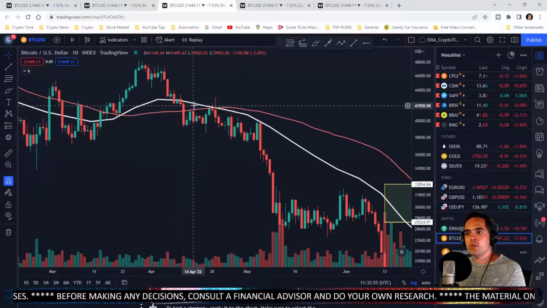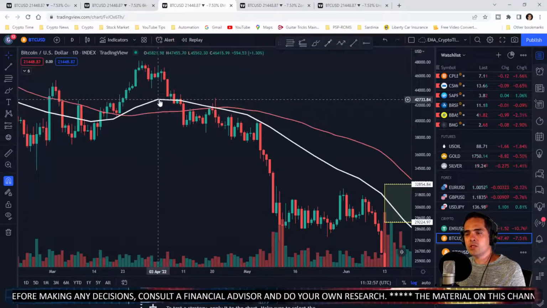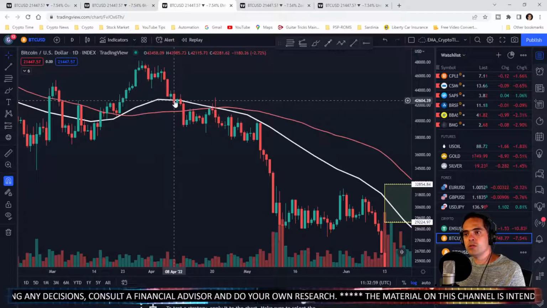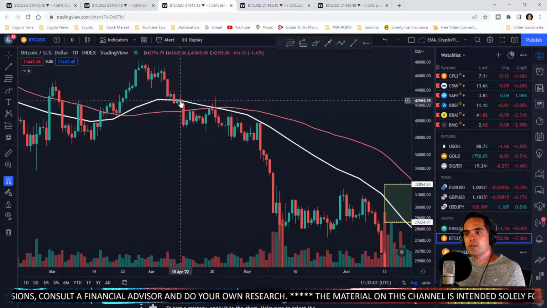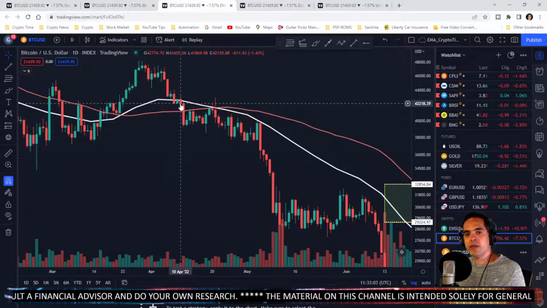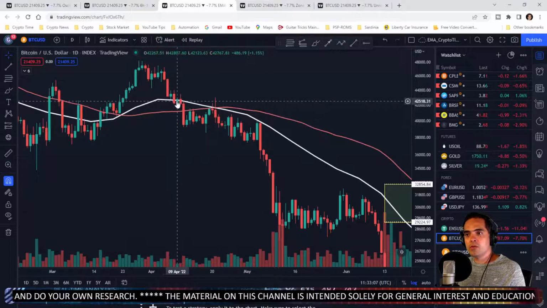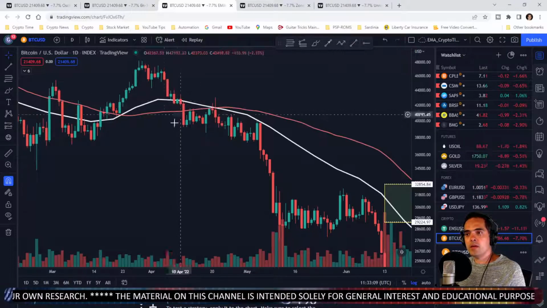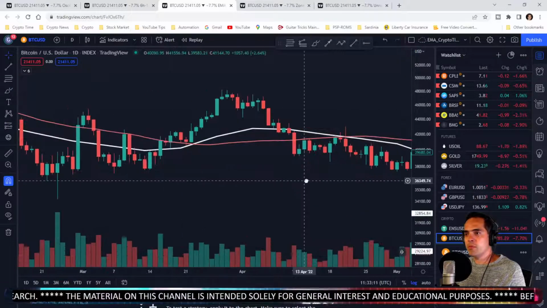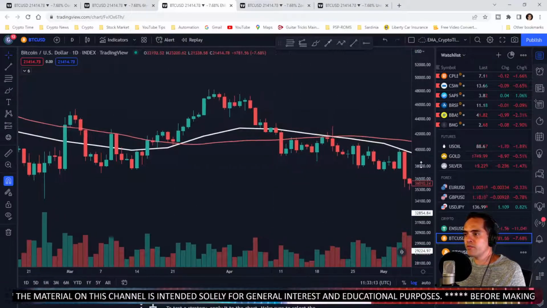But here we see, once you lose the 8 weeks EMA, that's a red flag right there. And as you can see, we lose here the 8 weeks EMA. Let me zoom in, to help people watching on different devices.